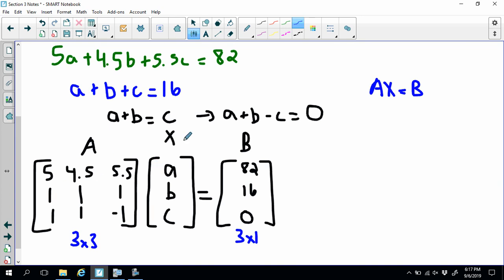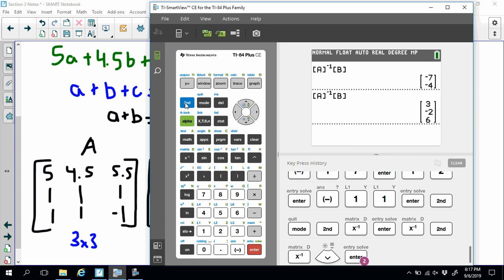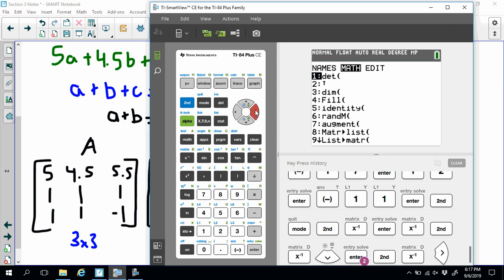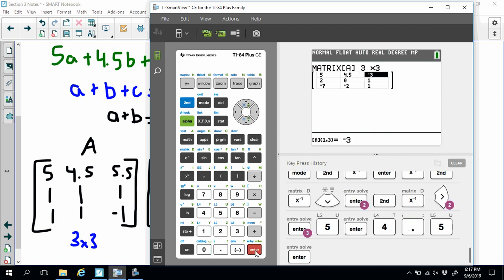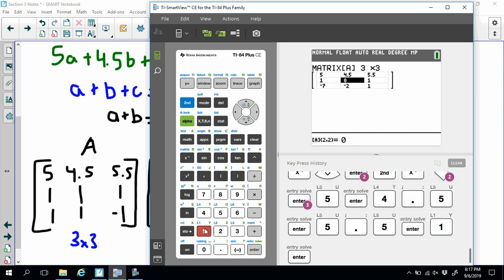Okay, let's plug these into our graphing calculator. Once again, I go to second inverse. I go over to edit and press enter. Here we already have a 3 by 3, so I can just press enter. I'm going to put 5, enter, 4.5, and 5.5. Make sure after each number you press enter. Then we just do ones all along this next row.